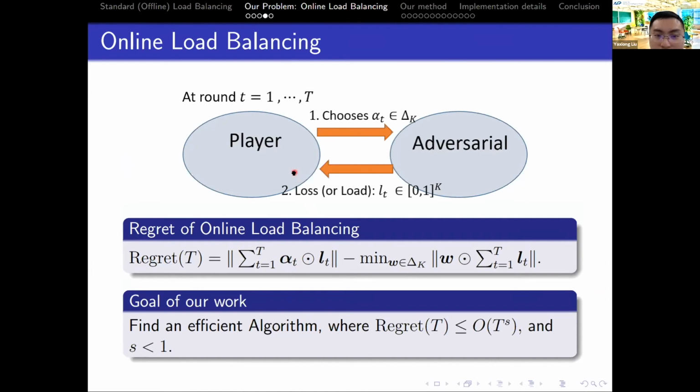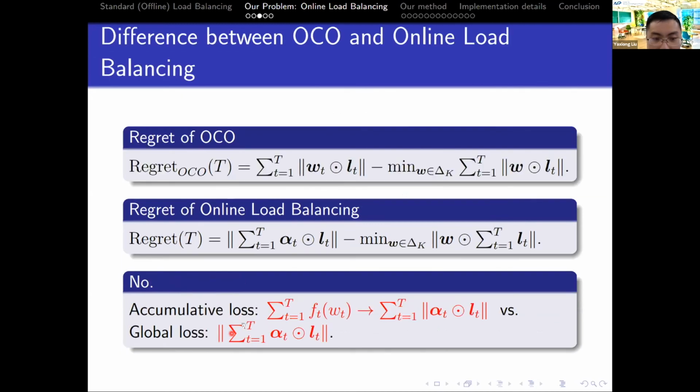Now let's have a review of online load balancing. At round t from 1 to large T, the player chooses distribution alpha, and then the adversary returns the load L_t. The regret is defined with the global loss here, where the sum sign is inside of the norm.